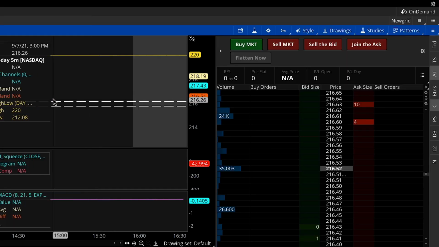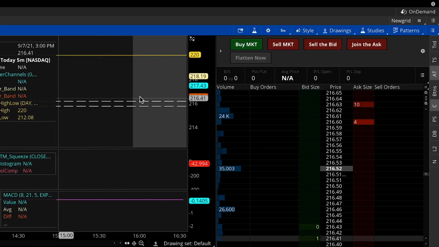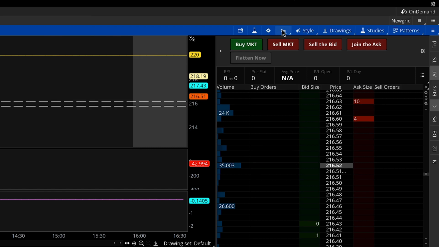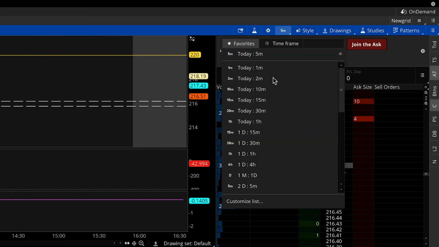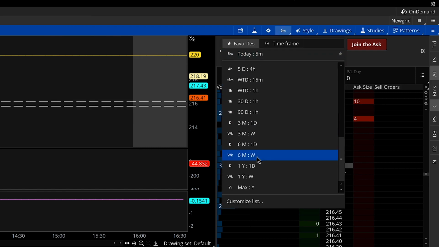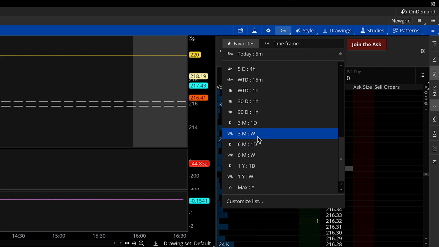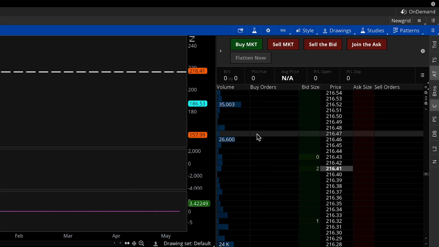So let's take a look at this position right here. Let me move this over here, and we can go to the 3 month weekly time frame first.